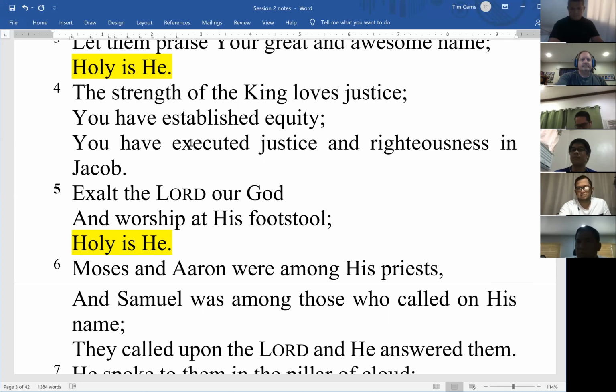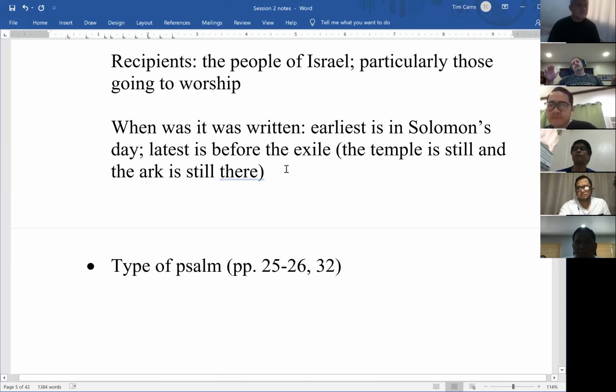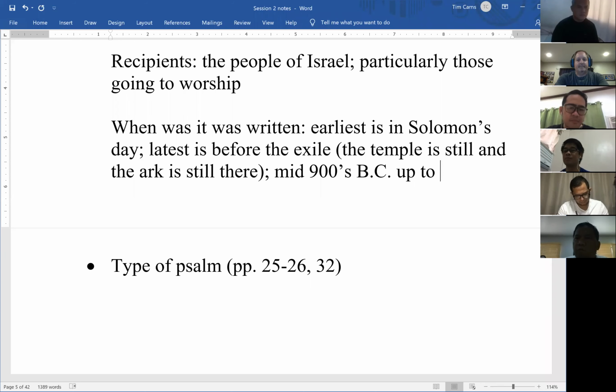And so if we go back to when it was written, it's likely from Solomon's time up until before the exile. From Bible encyclopedias and such, that would be roughly the mid 900s BC up to around 600 BC, somewhere in there.